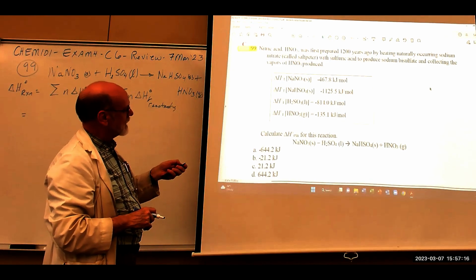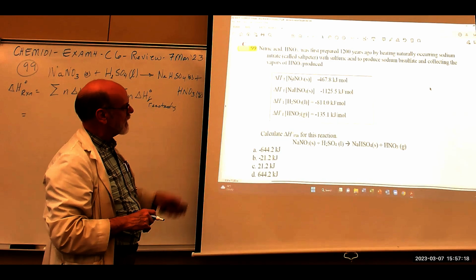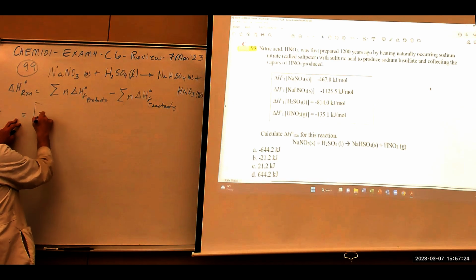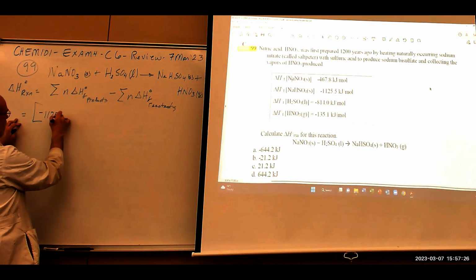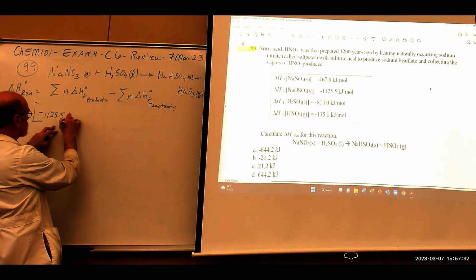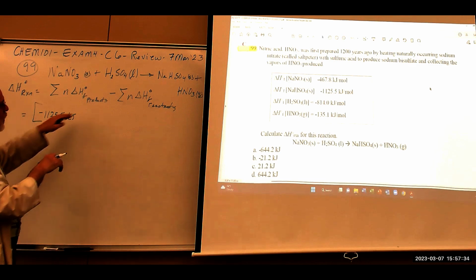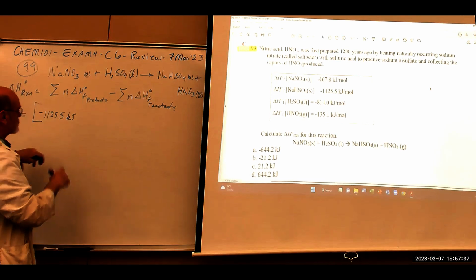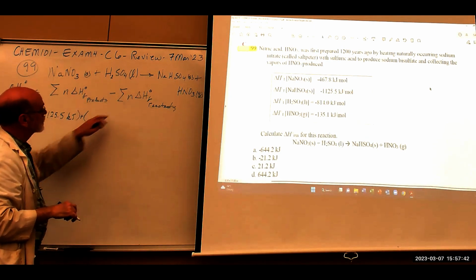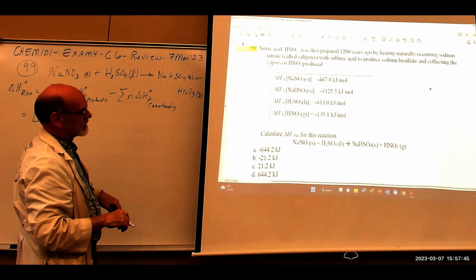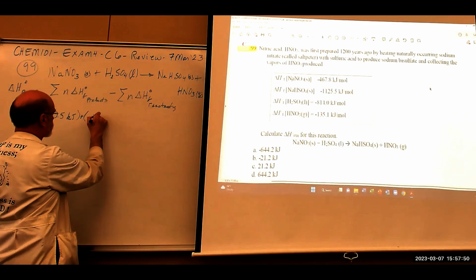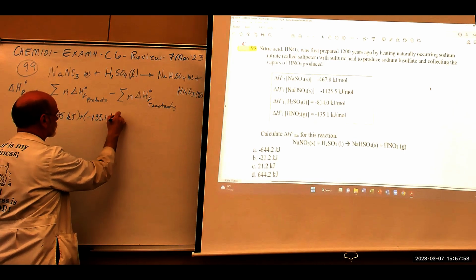Sodium bisulfate is minus 1125.5 kilojoules per mole. So minus 1125.5 kilojoules. And since there's only one mole of them, that's kilojoules. Okay. Then we want to add the next one, which is HNO3. The heat of formation for HNO3 is minus 135.1 kilojoules.